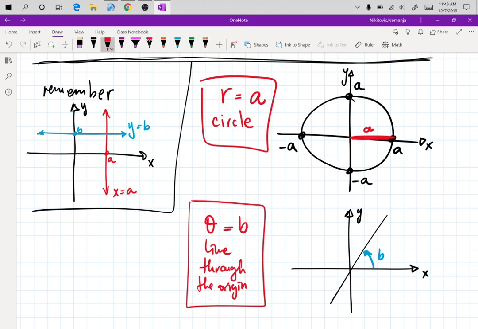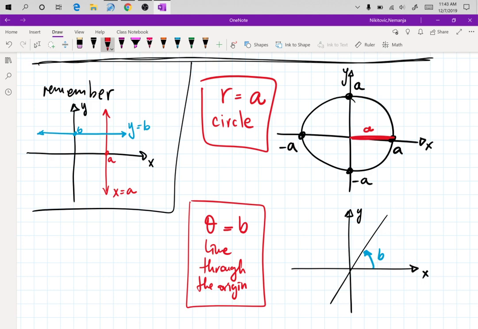That's why we do not want to deal with lines unless they're going through the origin in polar coordinates. Will you have to? Yeah, here and there. But generally we stay away from them because you want to deal with the rounded objects.